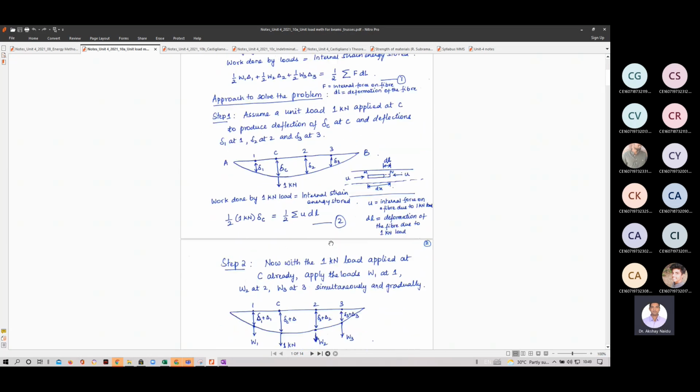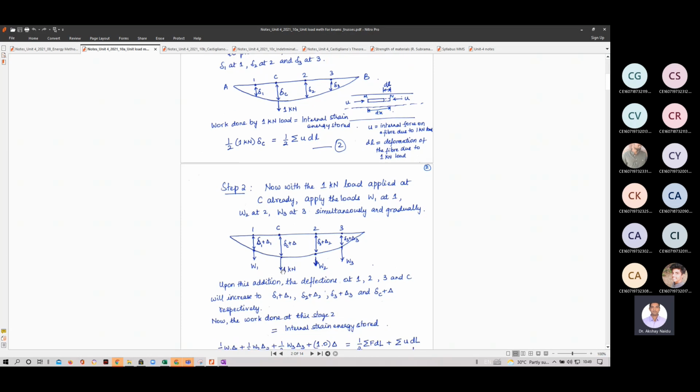So to solve this problem, we assume first a unit load is applied at C. After that, the loads W1, W2, W3 are applied, keeping the 1 kilonewton load as it is. So first there was deformation delta 1, delta C, delta 2, delta 3. Now the deformation with W1, W2, W3 added on will be delta 1 plus delta, delta C plus delta, delta 2 plus delta, delta 3 plus delta.